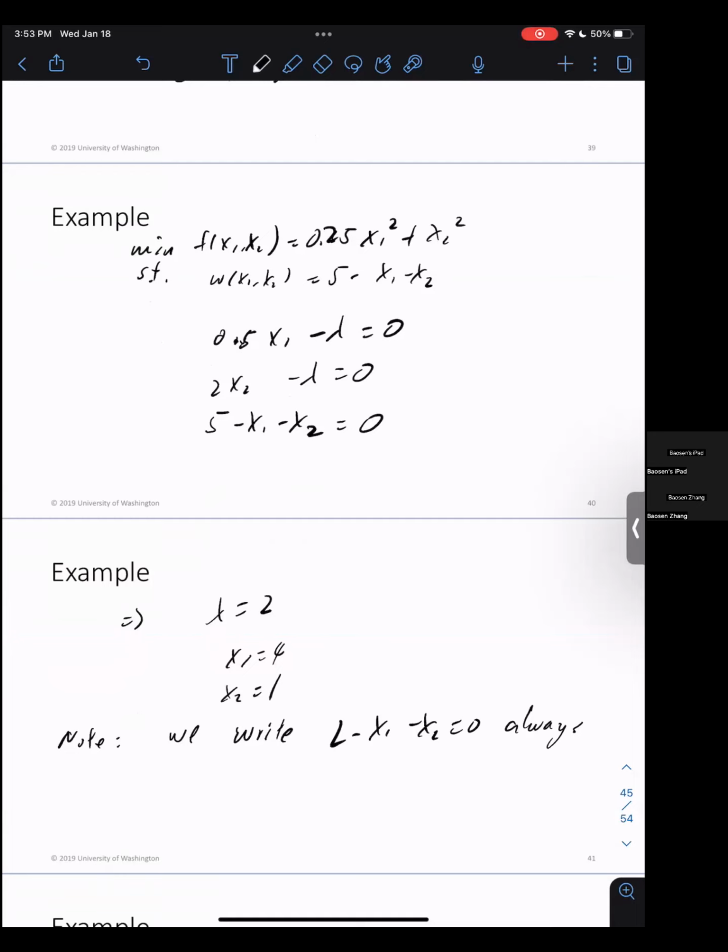The convention in power is you always have the load leading in front. This is just a convention; there's nothing too deep about it. If you follow this convention, your lambda turns out to be a positive number; otherwise you have to flip the sign later. So whenever you write this equality, remember it's the load minus generation. Once you have this, follow the procedure and things work out. Any questions?